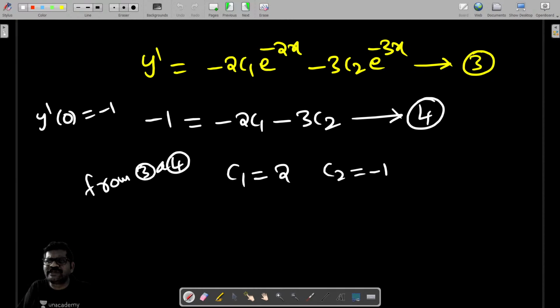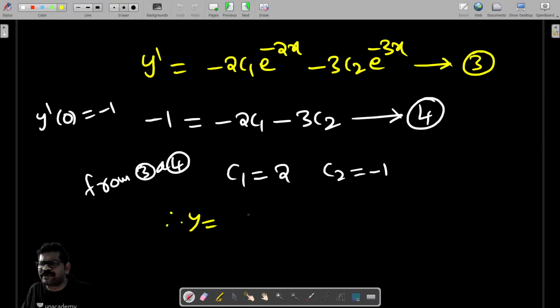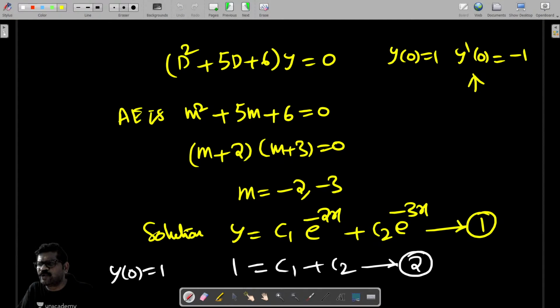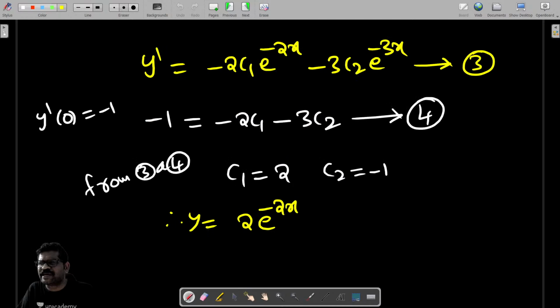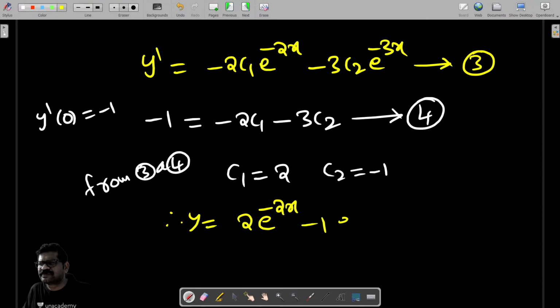Therefore y is equal to c1 e power minus 2x, with c1 is 2, so 2 e power minus 2x, plus c2 e power minus 3x, with c2 is minus 1, so minus 1 e power minus 3x. That is equation 5.